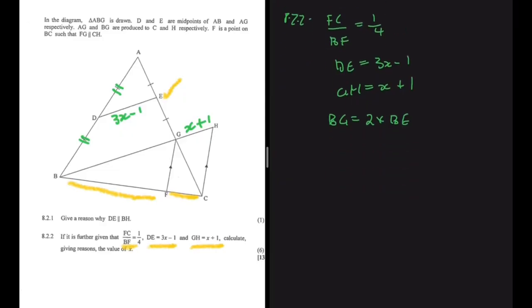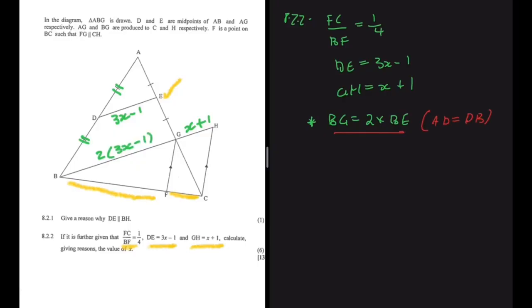So the reason we can give for this statement is that AD is equal to DB. This statement is only true if AD is equal to DB. So if we say that, you will realize real quick that BG now becomes 2 multiplied by 3x minus 1.